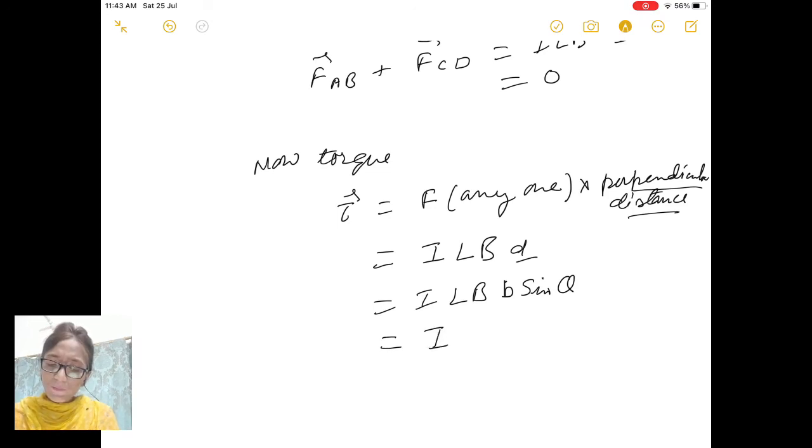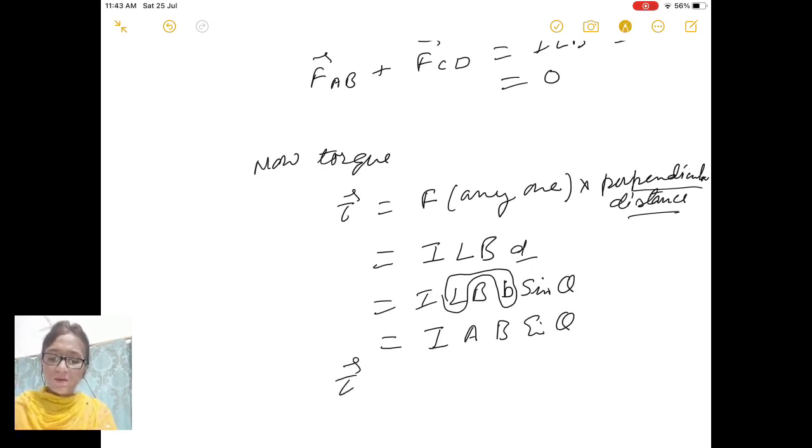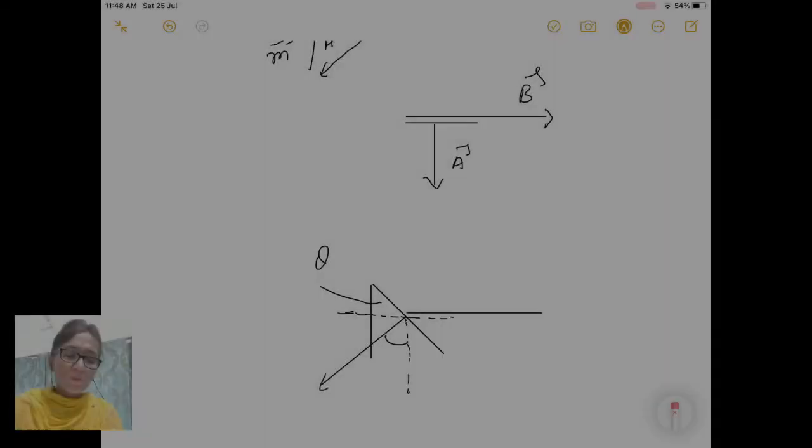Now you can see that L into B, length into width, is the area of the coil, A into B into sine theta. So you can write the torque in terms of the area vector as I A cross B, when this theta should be the angle between A and B. So let me check whether the angle is in between A and B or not.